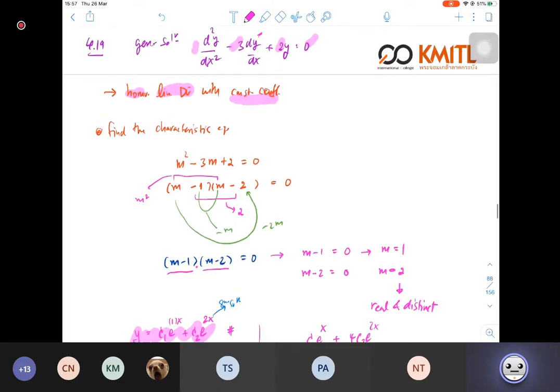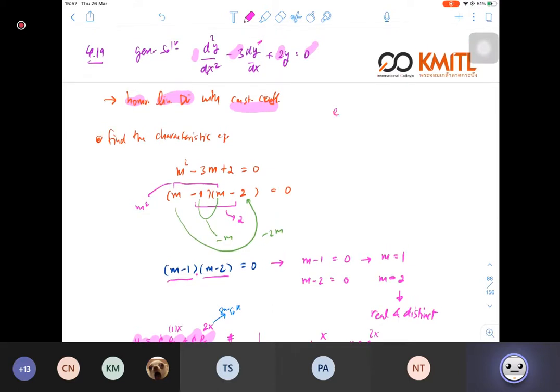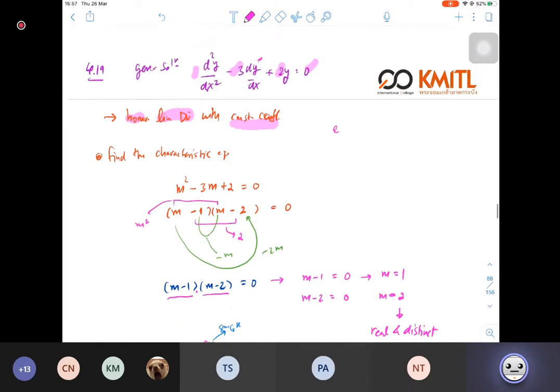So we have e to the power of x, right? This is the first one. The second one is e to the power of 2x. And we're going to see that those two are linearly independent by using the Wronskian.